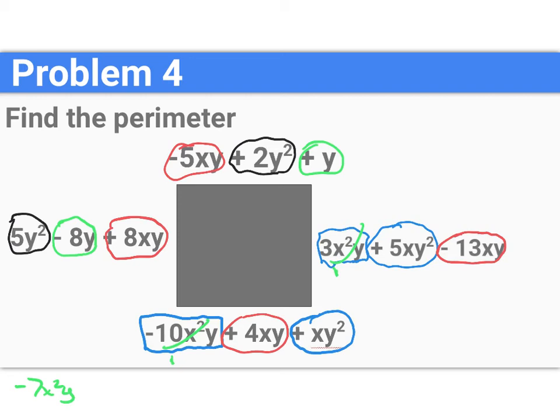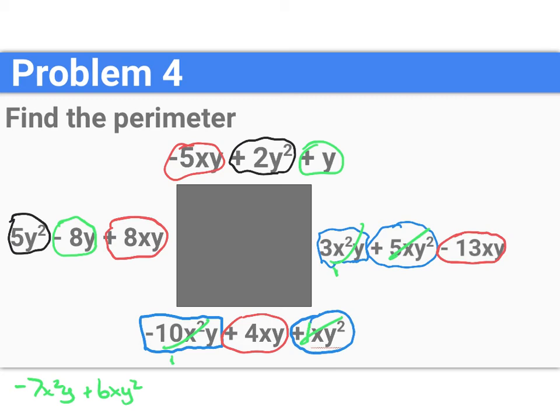And then xy squared comes next, so our blue circles. So 5xy squared plus 1xy squared becomes 6xy squared. There's no coefficient, so we call that a 1. Okay, so we dealt with that. We crossed that out. So what comes next?